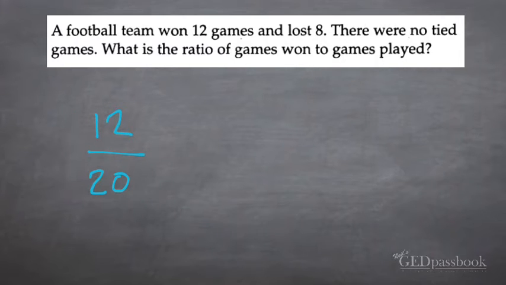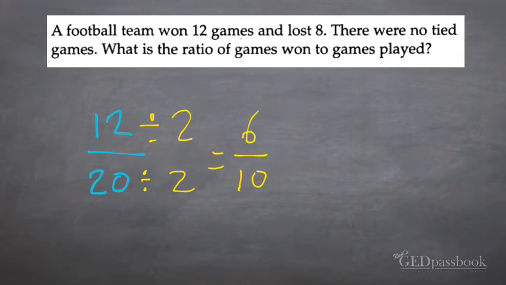So how about we divide by our 2? What's 12 divided by 2? What's 20 divided by 2? Could 6 over 10 be simplified? What could we divide them both by? 2. Good. You see how famous that divide by 2 trick is?